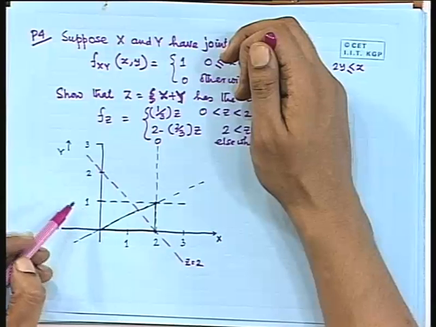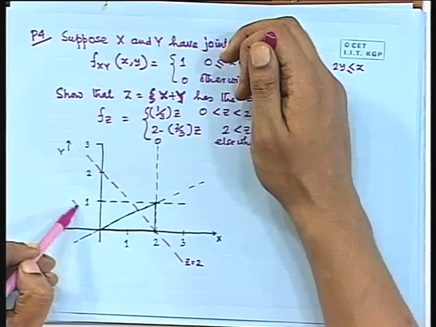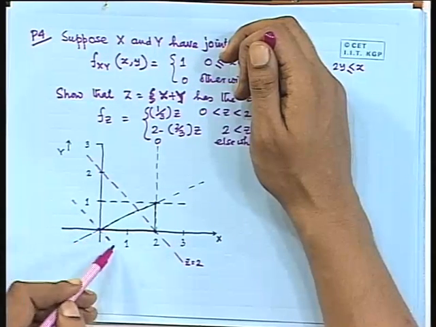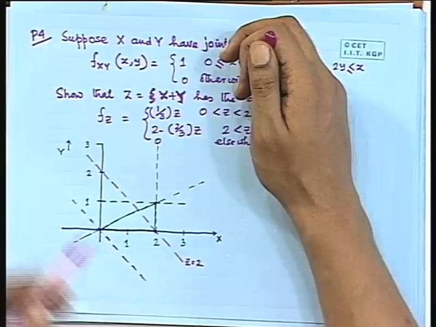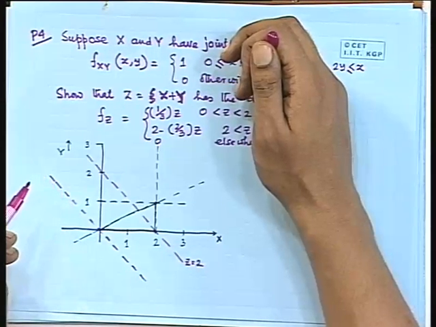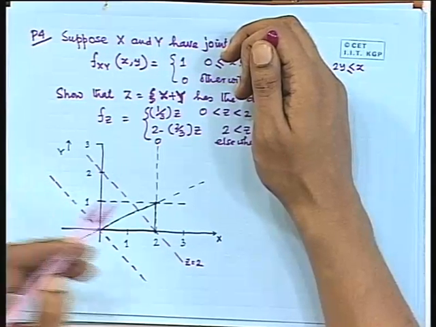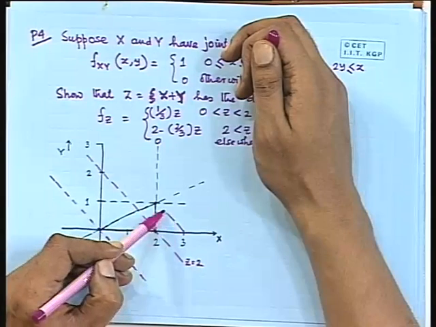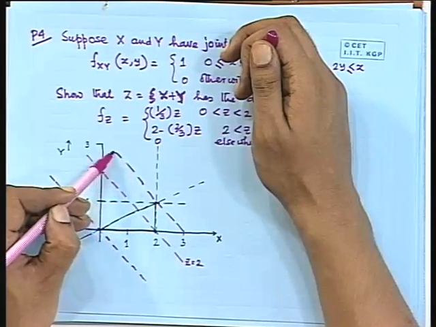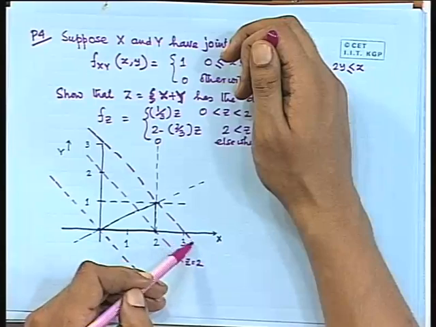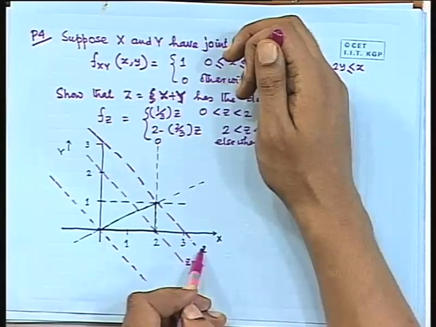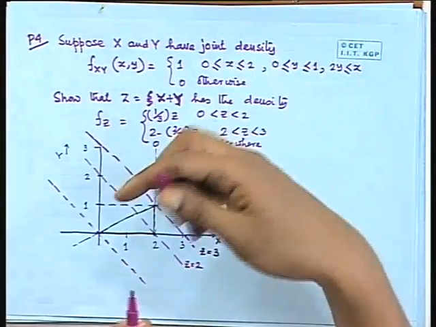For example, z is equal to 0 line will be this. This is the z is equal to 0 line. Similarly, this is the z is equal to 3 line. Right? Agreed.